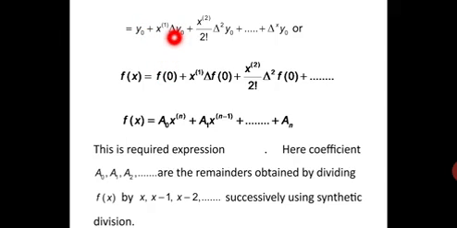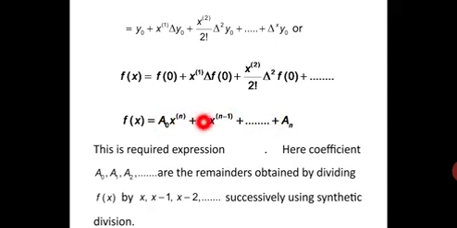Delta of y naught is nothing but delta of f of 0, plus and so on. We can write like this. If you simplify after substituting delta square f of 0, delta of f of 0, all the values, we can get this type of equation: a naught x factorial n plus a1 x to the power of n minus 1 plus and so on up to an.